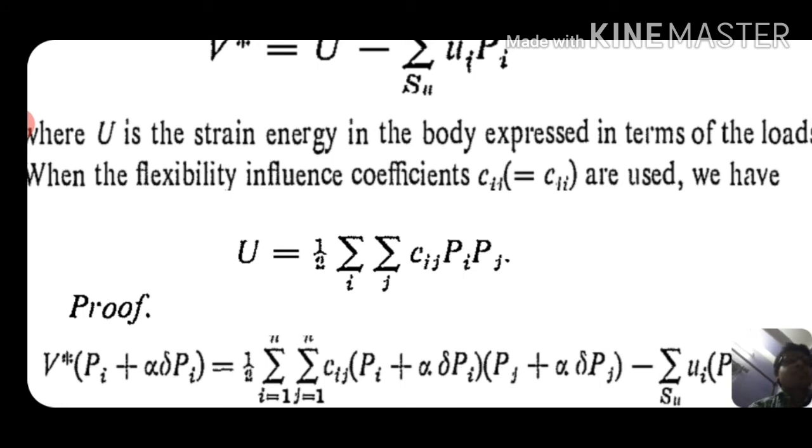So U is the strain energy, U equal to half the summation of Cij Pi Pj.